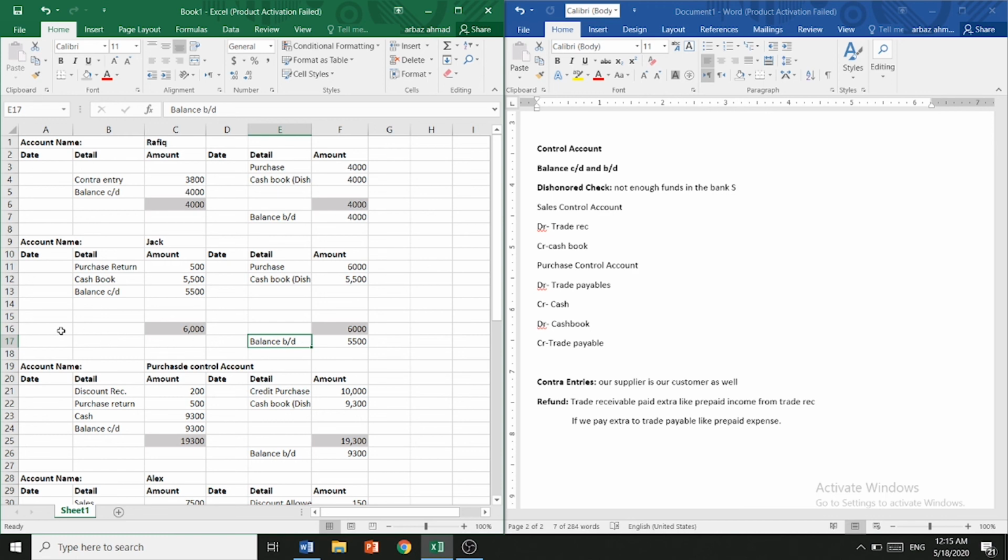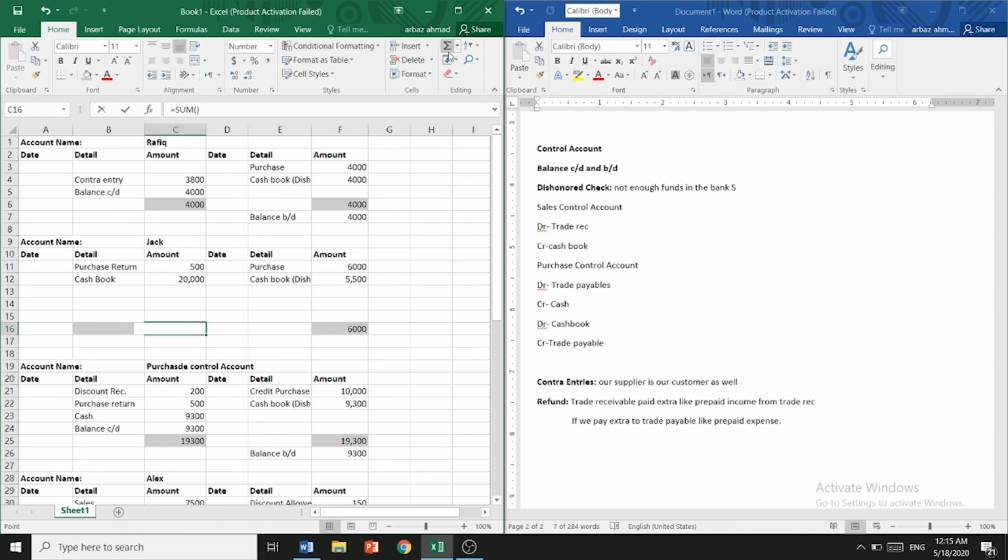I will have the balance on the debit side. So instead of 5500, let's say I paid 20,000. It means I am no longer having this balance.